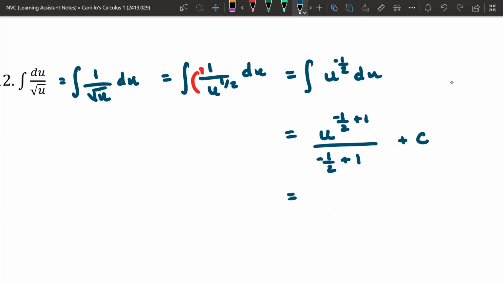Now simplifying my exponent, -1/2 plus 1 will just be 1/2, and again, -1/2 plus 1 is 1/2.